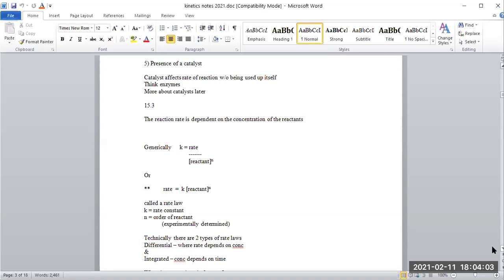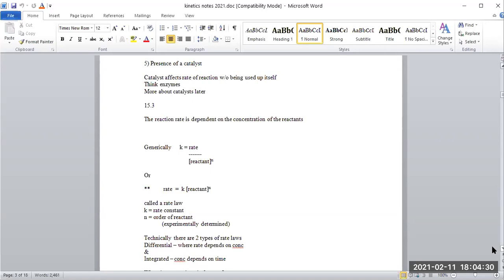Your square bracketed reactant concentration may also be raised to a power. Now, there are a limited number of options there. As we proceed, you will see that the options available for that little n value are 0, 1, 2, and 3. No negative numbers.